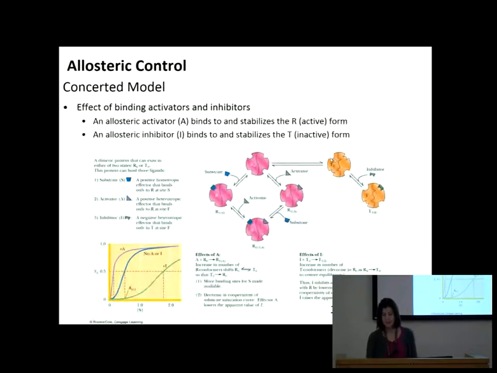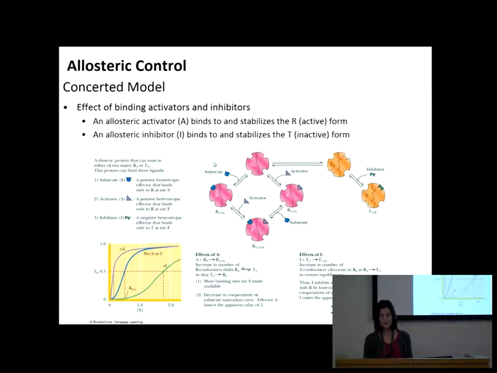Now, what happens in the concerted model is that either binding the substrate or binding an activator will scoop out reactant, our relaxed state. But it will scoop it out, but it's still available because it has another subunit to bind to. So we're scooping out.